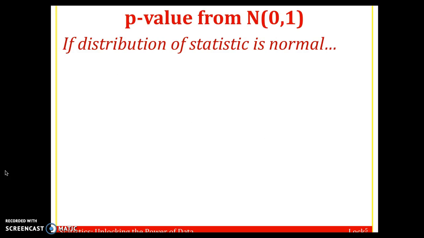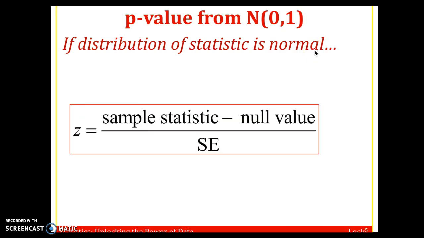Anyway, so to find a p-value from this, excuse me, the standard normal distribution. Don't forget this N parentheses 0, 1 means the normal distribution, mean of 0, standard deviation 1. If the distribution statistic is normal, we compute a z-score, sample statistic minus the null value, divided by the standard error.